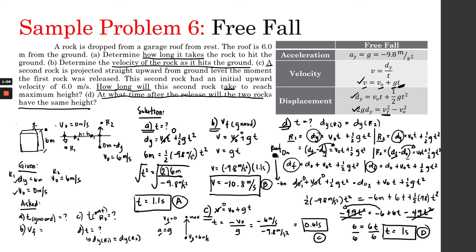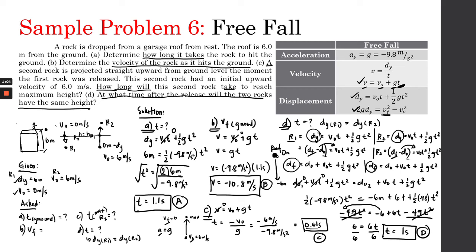It means in this scenario rock 2 already reaches the maximum height, and then it's already going down. Rock 1 is falling down. Rock 2 has already reached its maximum height and is falling down. For them to have the same height, it will take 1 second.